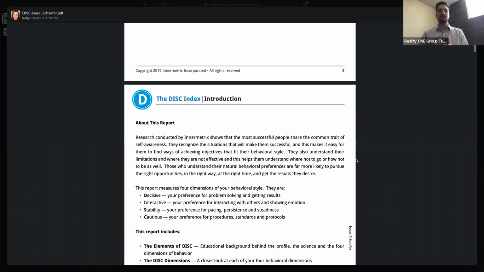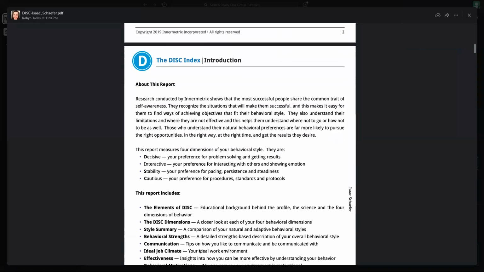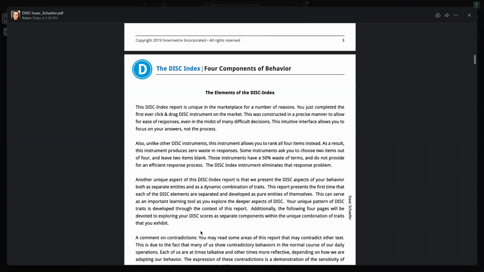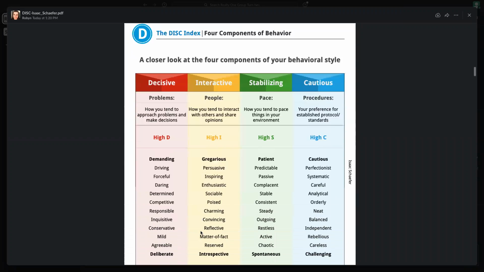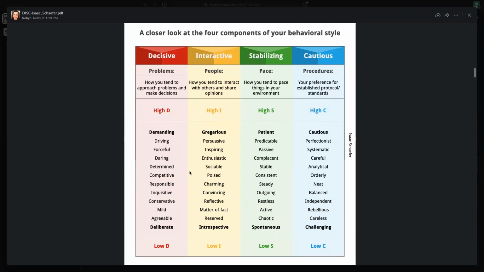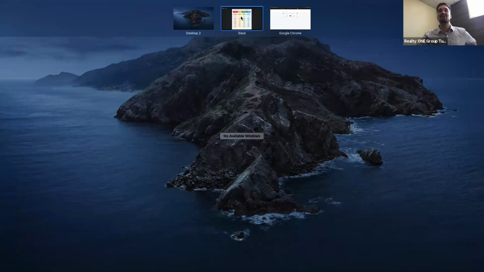And it just asks you questions. We made Isaac take it twice because the first time he didn't go off instinct. He was super overthinking it. And then we got his results and we were like, no, we don't think that's right. So Andrew and I asked him to retake it. You guys thought I was totally lying.